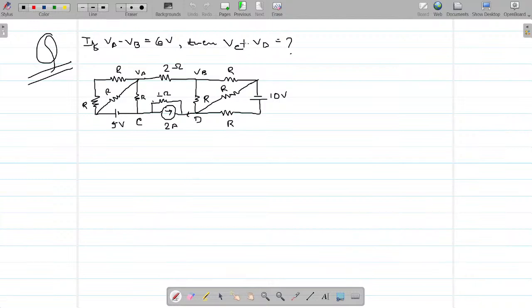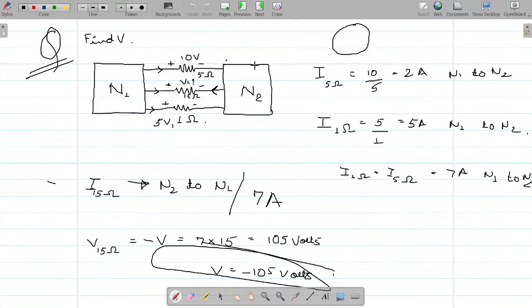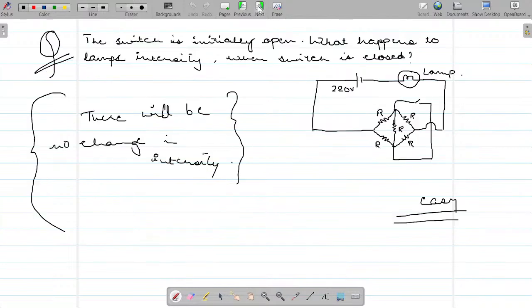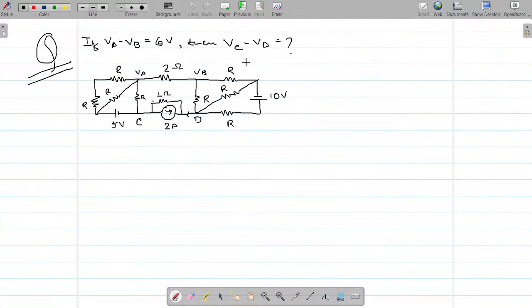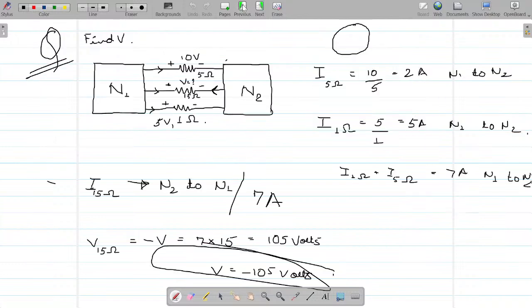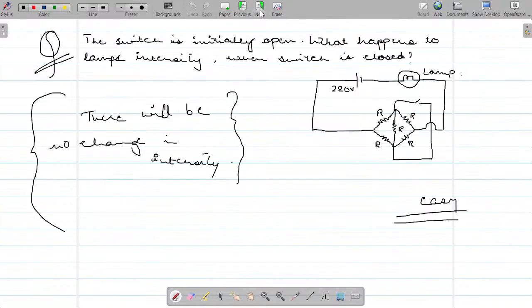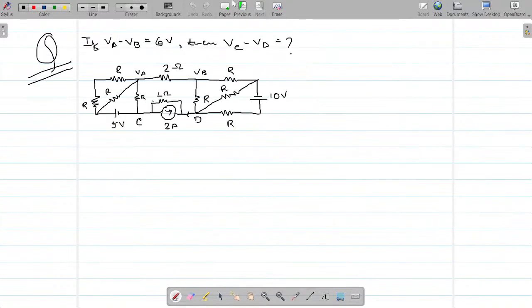Look closely and see, do you see any similarity between this network and this network? Do you see the concept of return path?